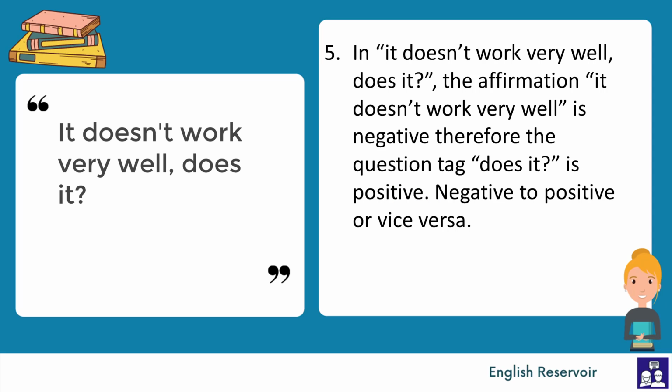It doesn't work very well, does it? In "it doesn't work very well, does it?" the affirmation, "it doesn't work very well," is negative, therefore, the question tag, does it, is positive. Negative to positive, or vice versa.